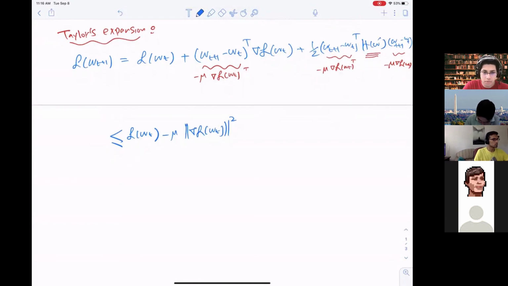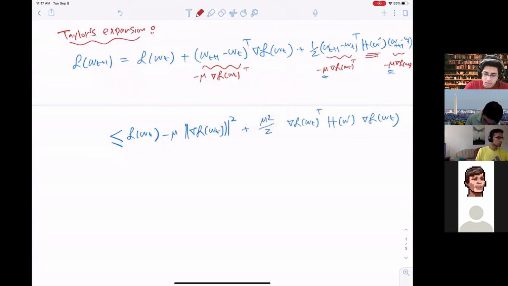All right, so let me actually do this part in 2 steps just to make sure that everybody follows. So here I have the mu's, they are constants. So I have mu squared over 2. So I have gradient transpose times this Hessian matrix times the gradient itself.